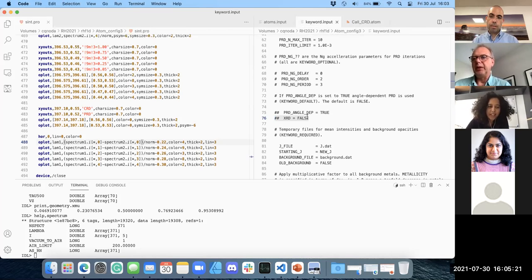Okay. But under normal solar circumstances, the difference between regular PRD and cross redistribution in the infrared triplet lines is not very big. There are lines for which it is very important, and those are the oxygen I lines at 130 nanometers.